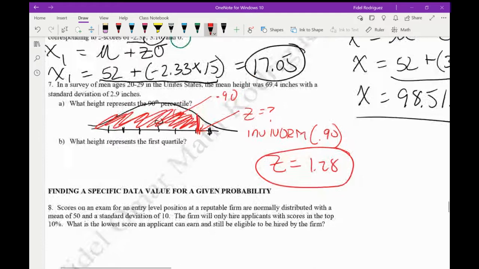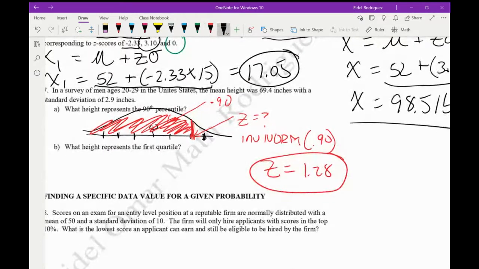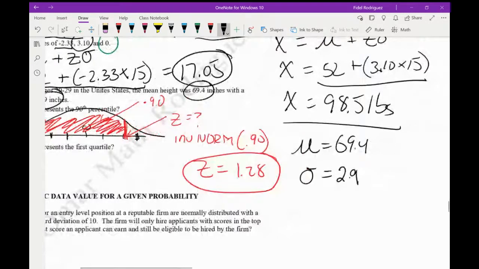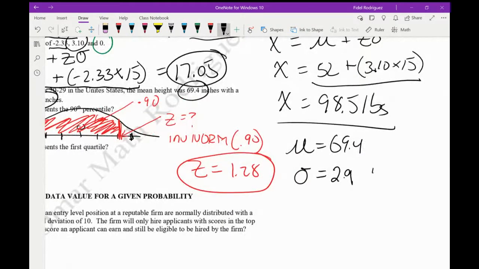In this particular problem, number 7, we know that our mu, our average, is 69.4, and my sigma, the standard deviation, is 2.9. What I want to do is find the actual height in inches that represents that 90th percentile. The formula is x equals mu plus z times sigma.